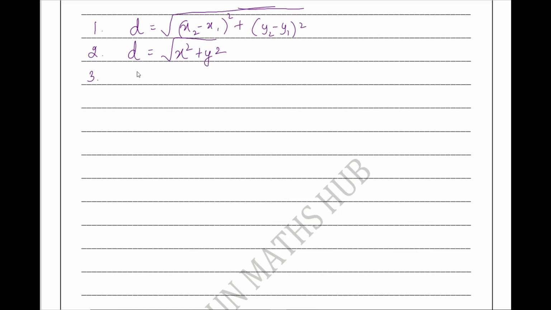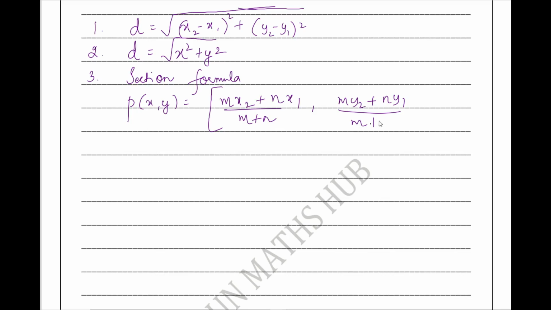Next, the section formula. It is given by p of x comma y equals mx2 plus nx1 divided by m plus n, comma my2 plus ny1 divided by m plus n.